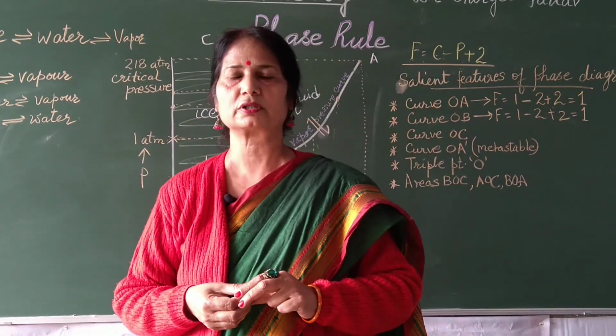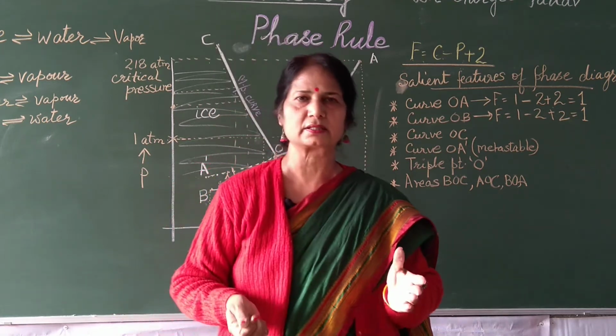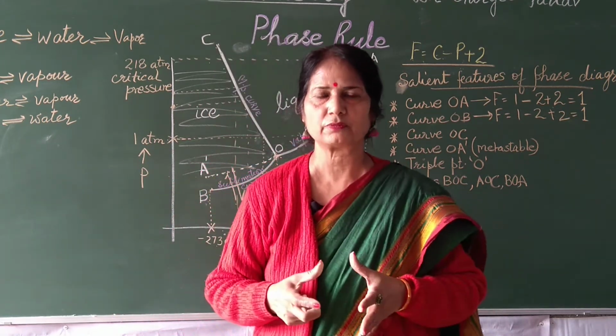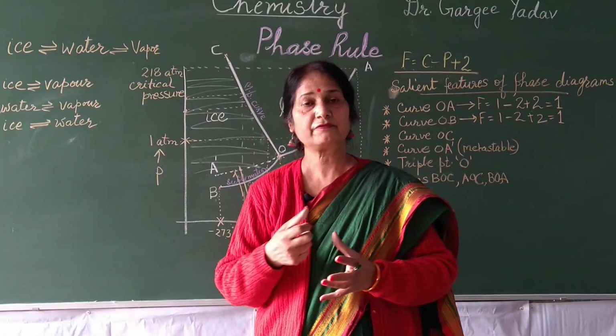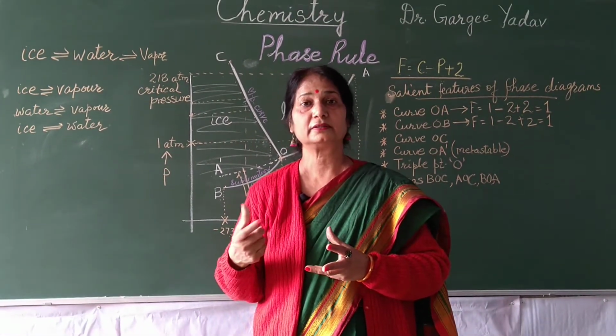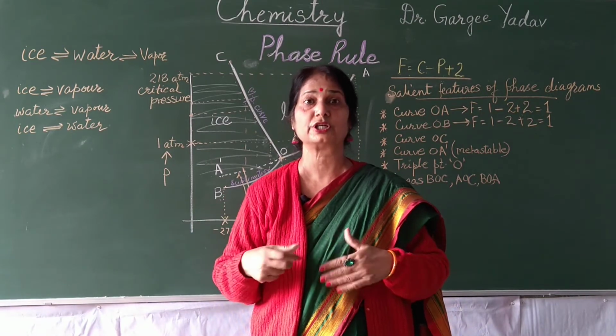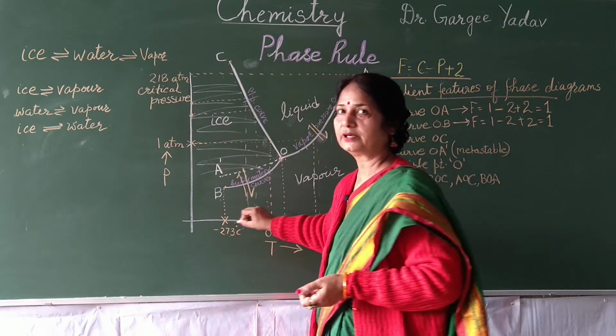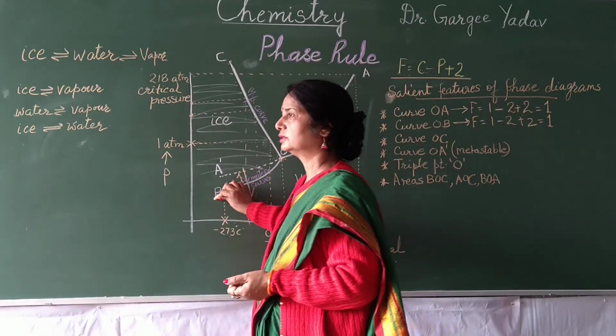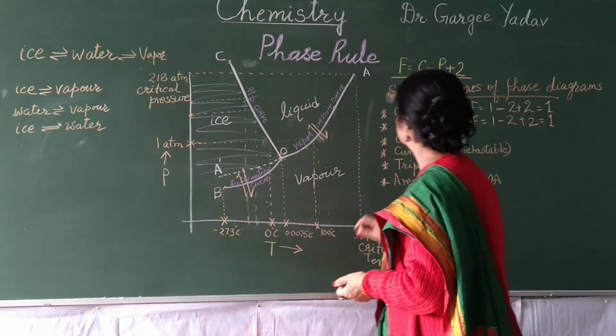We all know, suppose we take any gas and we increase the pressure, what happens? The gas will liquefy. This means that if we increase the pressure, then this thing should change to vapor state. But no, here the freezing point is decreasing and it is changing to the liquid.